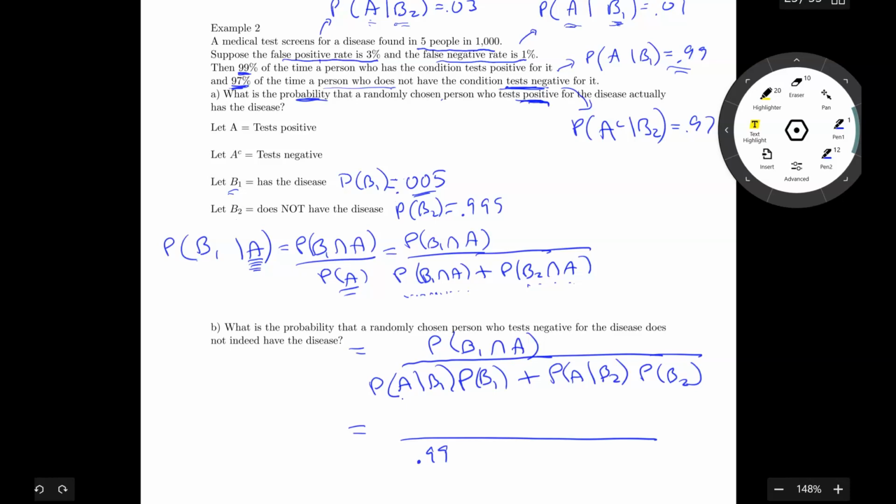And the probability of B1 is 0.005, plus. Okay, so now let's go to the probability of A given that B2 is happening. That's 0.03 times the probability of B2 happening, that's 0.995.